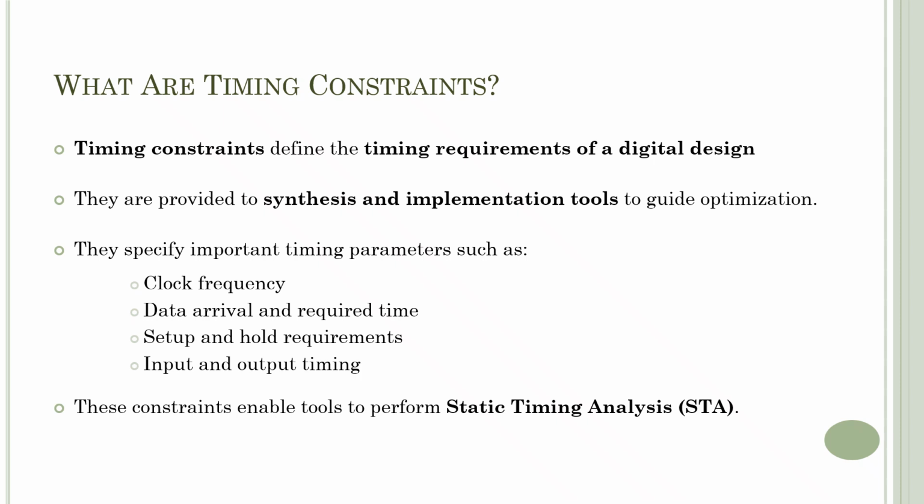And finally, we also define input and output timing, which specifies the timing relationship between external signals and the internal clock of the design. Once these constraints are applied, the tool performs static timing analysis or STA. STA checks whether all the timing paths in the design satisfy the required constraints and verifies if the design will work correctly at the target clock speed. So, in summary, timing constraints help convert a functional RTL design into a timing correct hardware implementation.